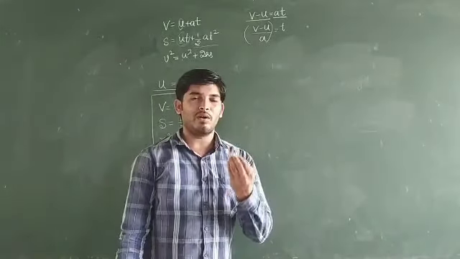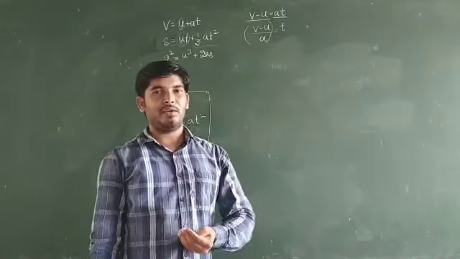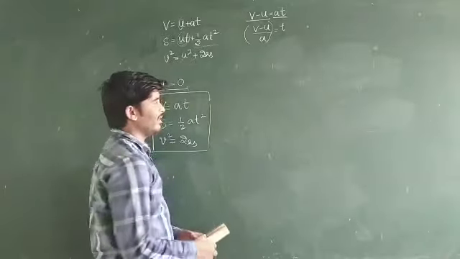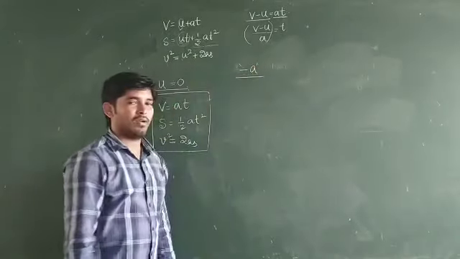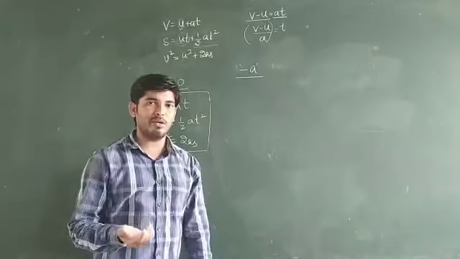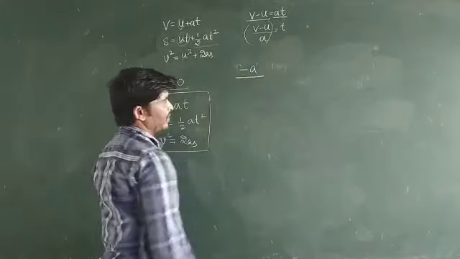And when a body is uniformly retarded, meaning the body's velocity goes on decreasing uniformly, then acceleration is considered as negative. Retardation is nothing but the negative of acceleration.